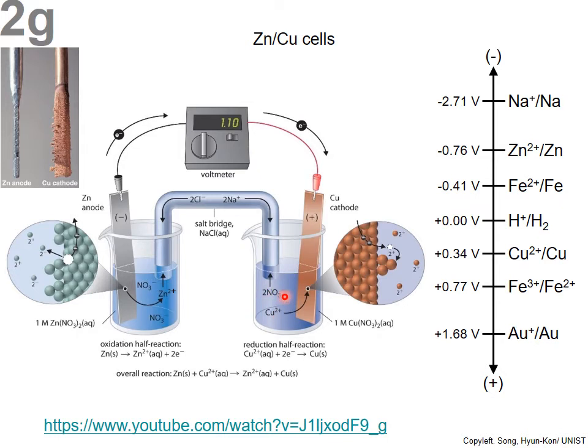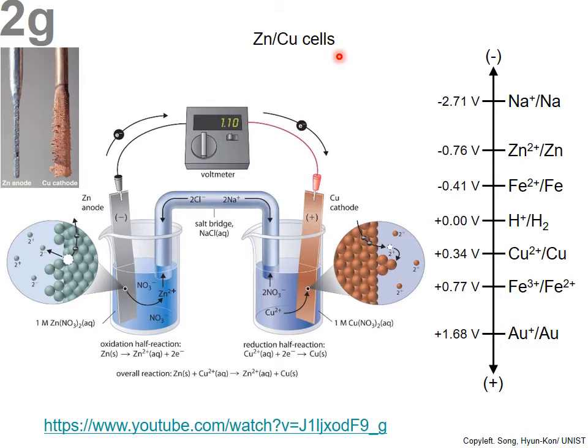Those two beakers are connected to each other by a salt bridge. Inside the salt bridge you could find some gel, and the gel is saturated with sodium chloride. Of course, sodium chloride in water is dissociated into sodium plus and chloride minus ions. Okay, that is the primary cell of the zinc-copper cell.